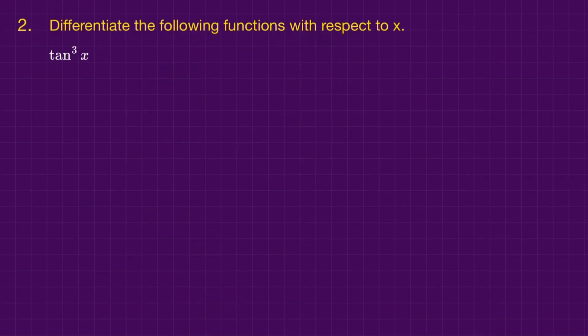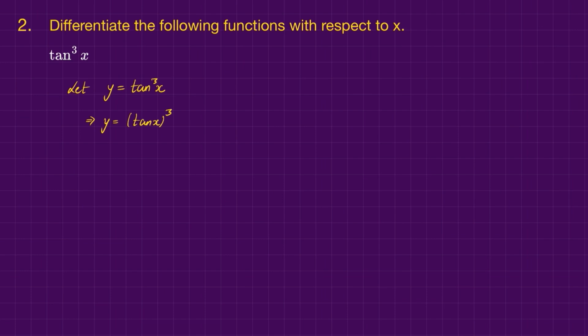Next, number 2, my function is tan cube of x. Let us consider the given function as y. So let y equal tan cube of x. This actually can be written as (tan x) whole cube.